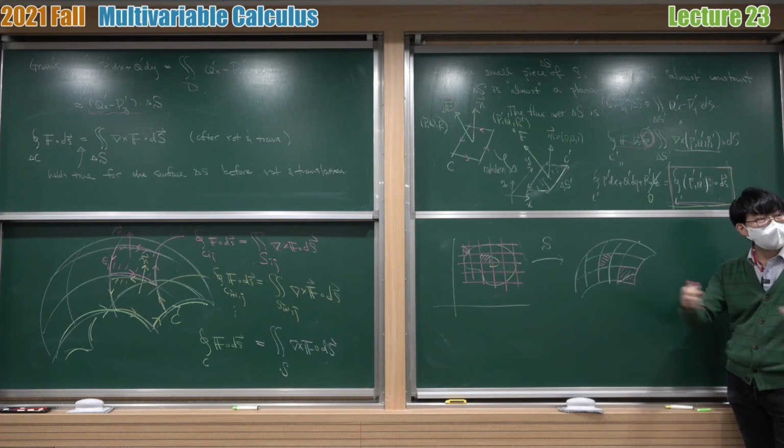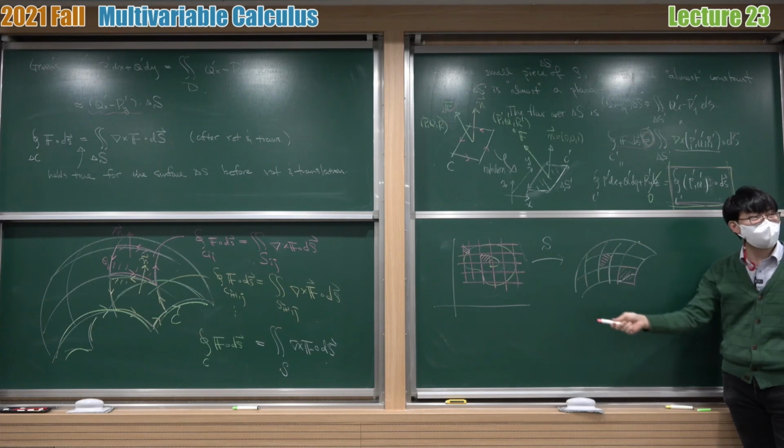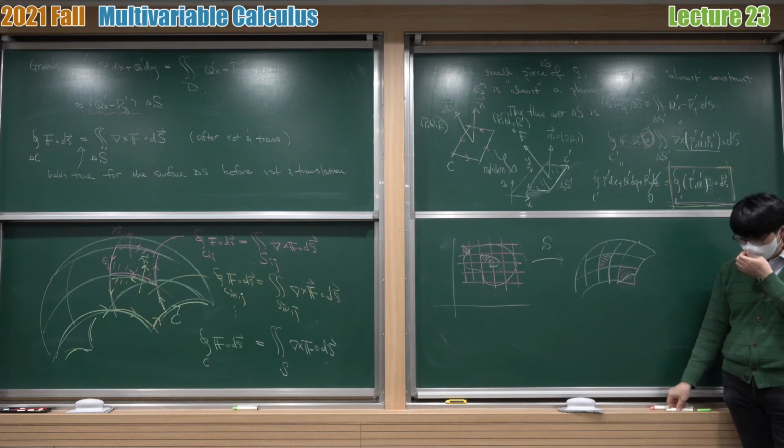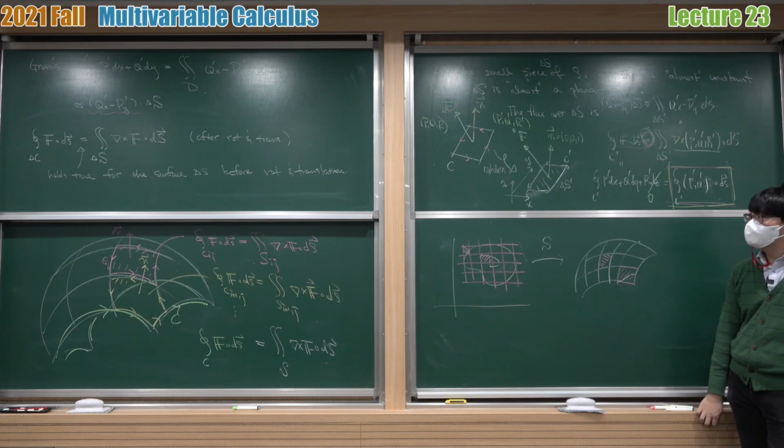But if you subdivide more and more, this error disappears. So that's one way you can think of.